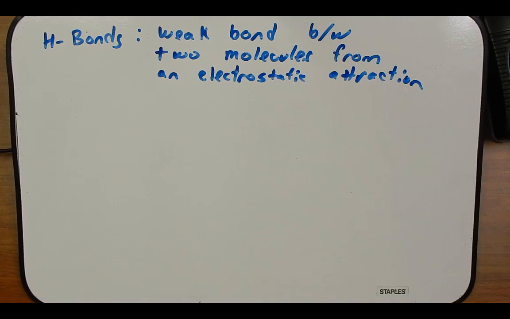Hydrogen bonds don't always occur between water, but we often think about water when we think about hydrogen bonds. But remember, it's not just water that involves hydrogen bonds. Though in my example, I am going to talk about water.